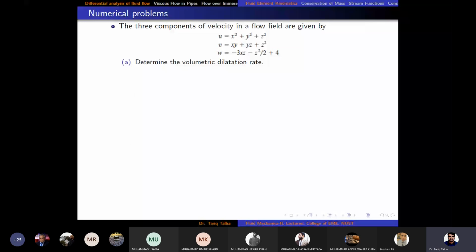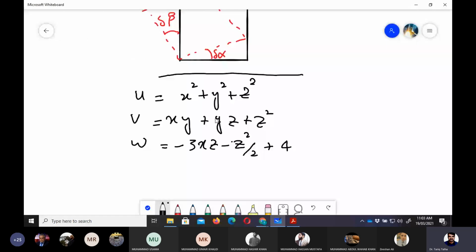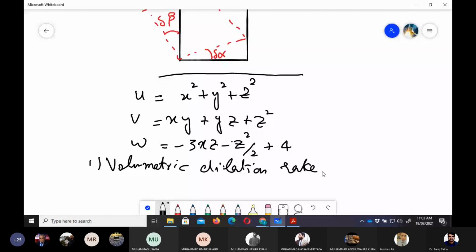So volumetric dilation rate, if you remember, was equal to del dot v.